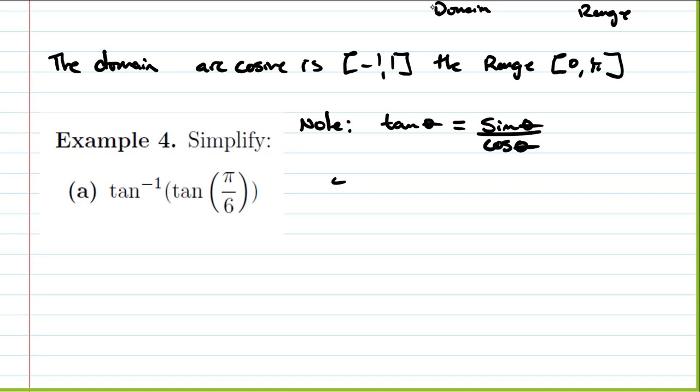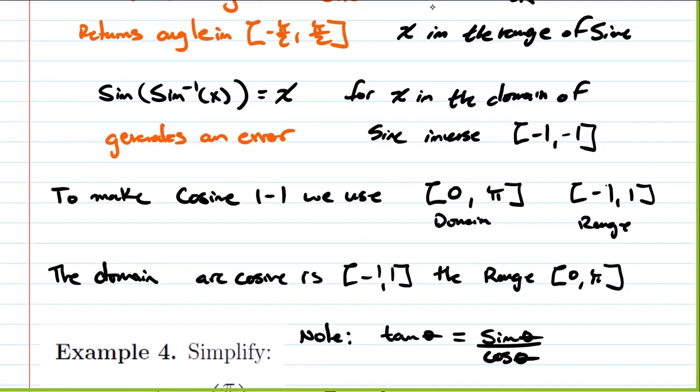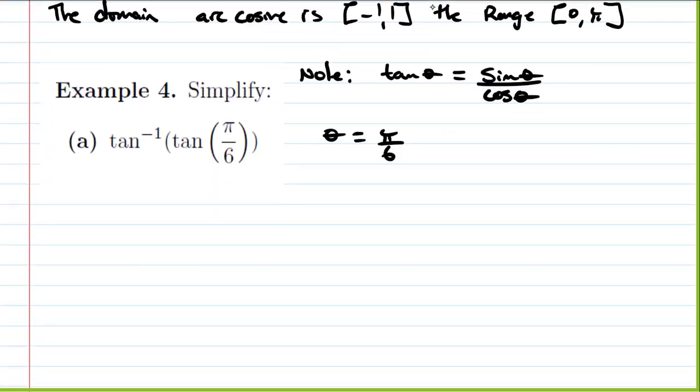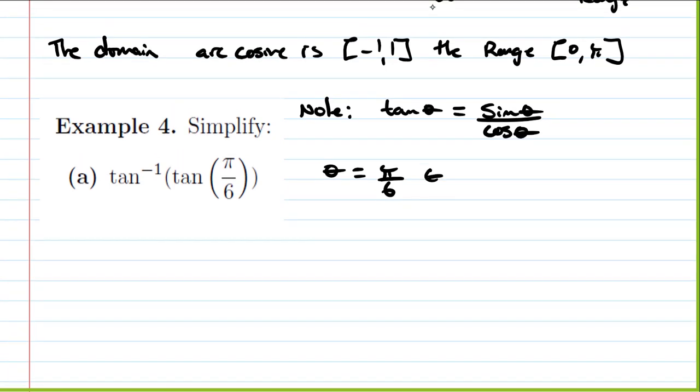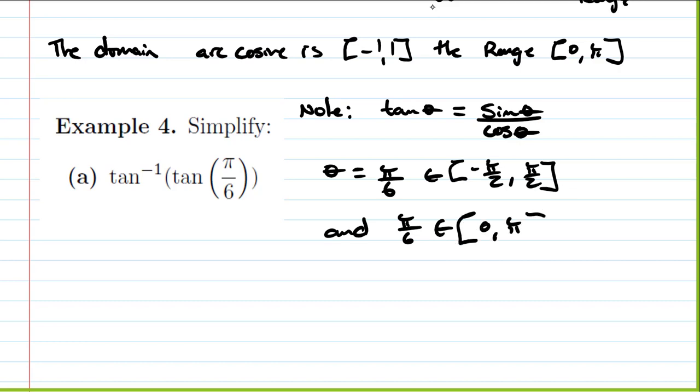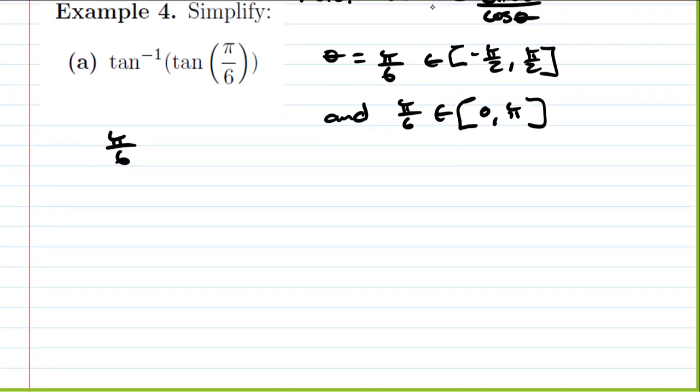In this example, theta is pi divided by 6, and pi over 6 is in -pi/2 to pi/2, and pi over 6 is also in 0 to pi. So it's in both, so it's going to work. These two are going to reduce out, and we get just pi over 6.